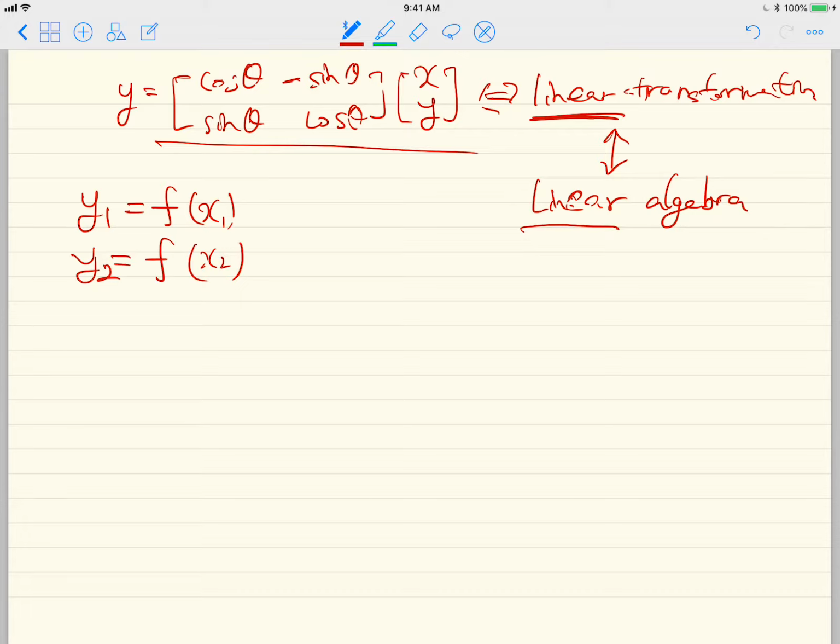So we think of linear combinations of these two input variables, and then think of their function mapping or function output, and that should be the same as the linear combination of these function outputs using the same linear combination coefficients. So that's the definition or the requirement for the linear transformation to satisfy.